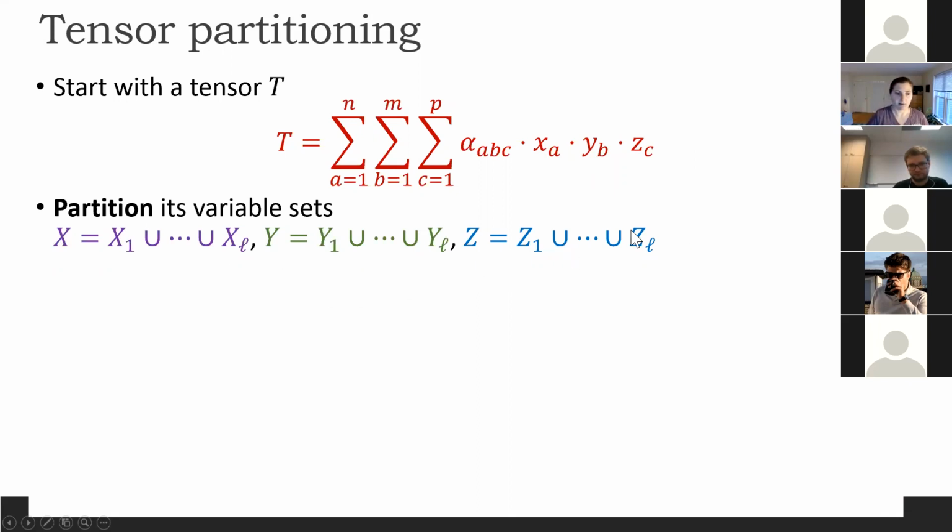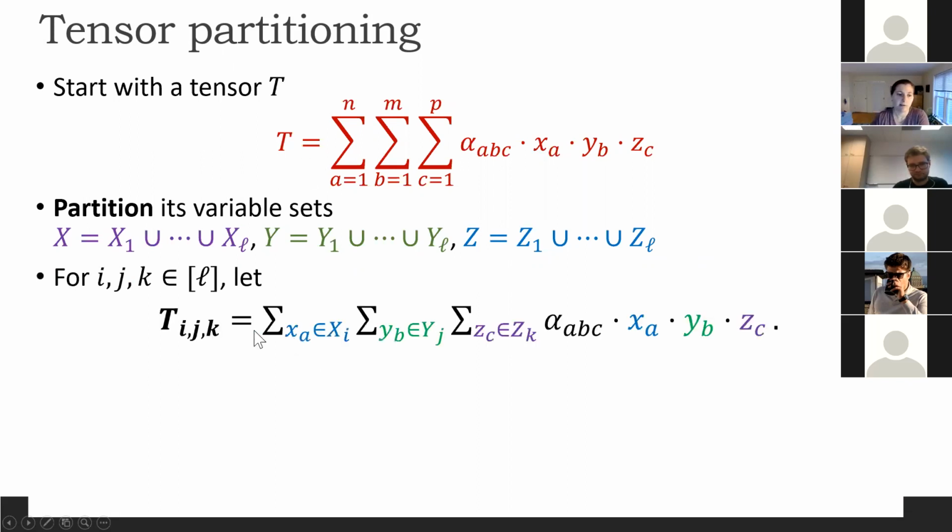Okay, so we have just partitioned the variable sets, and then given this partitioning, we can now define subtensors of t. The ijk subtensor just collects those terms x sub a, y sub b, z sub c so that a lies in the ith part here, y sub b lies in the jth part here, and z sub c lies in the kth part over here, right?